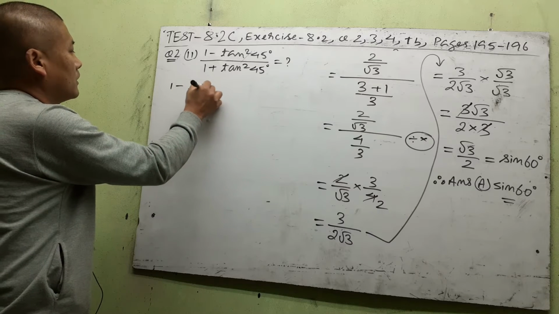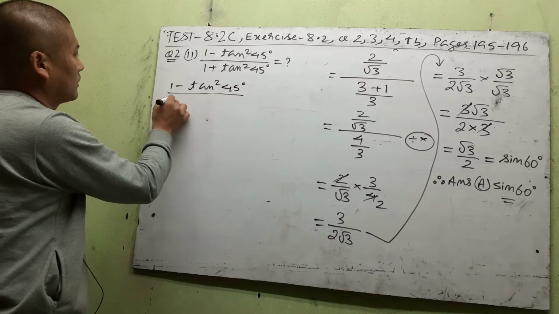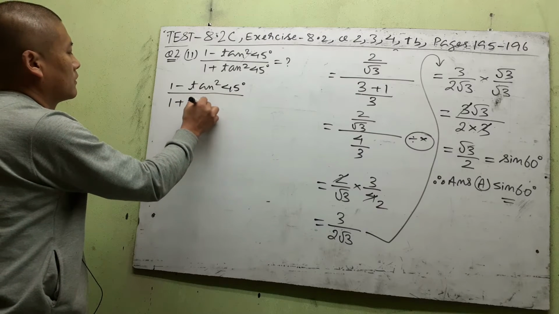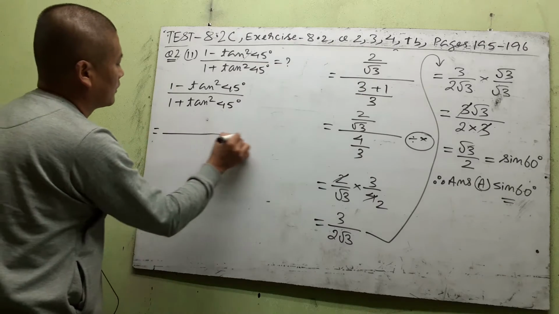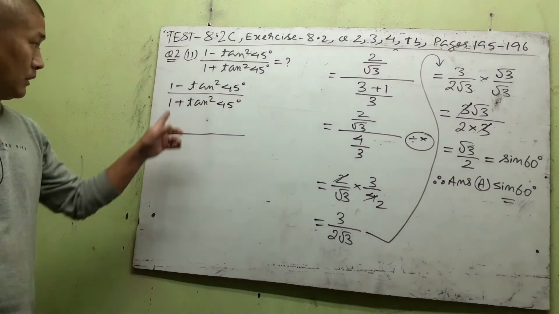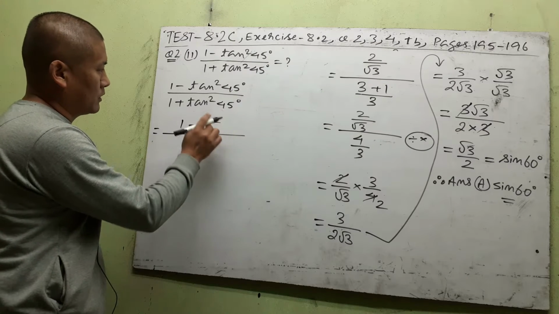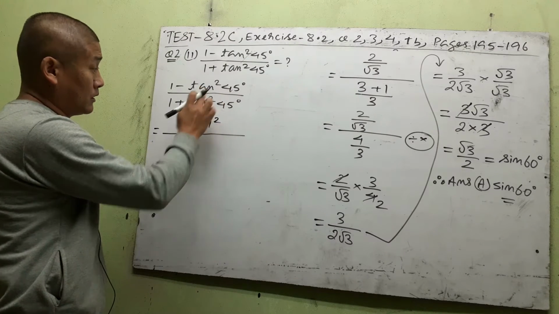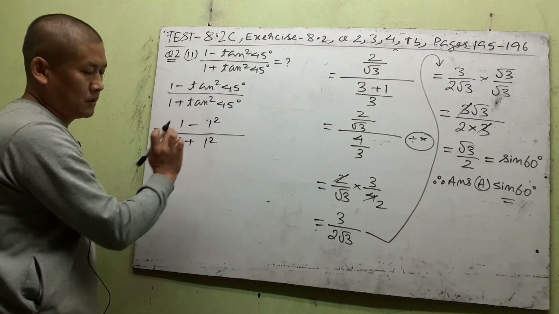So 1 minus tan square 45 degrees by 1 plus tan square 45 degrees will be equal to, 1 minus tan 45 is 1, so 1 square because it's tan square here. So likewise here 1 plus 1 square because same thing.